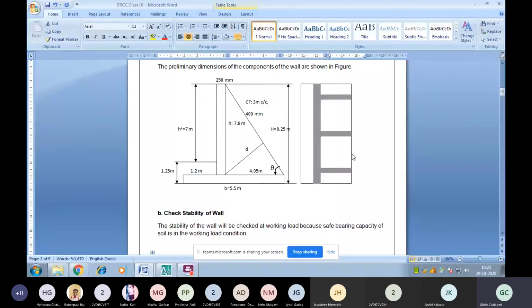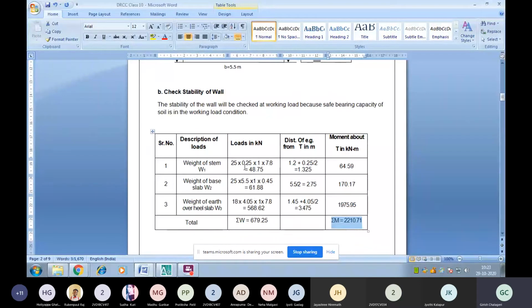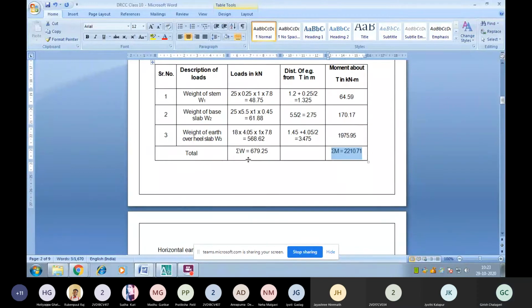At the level of the counterfort it may be safe, but if you take a section in between the counterforts, it should be safe. That's why I am checking stability at this point where it becomes critical. So the counterfort is not considered for the downward force. So total downward weight is 679, and the total moment MR will be 2210.71.